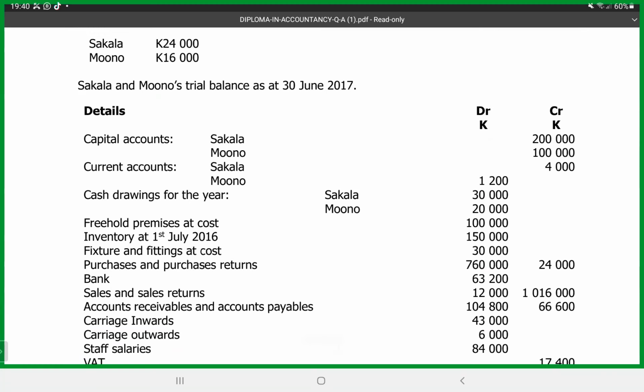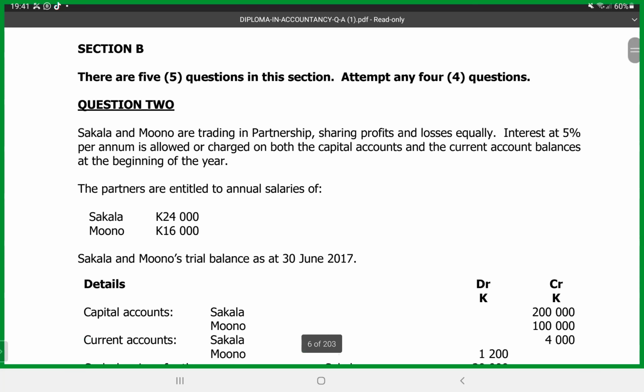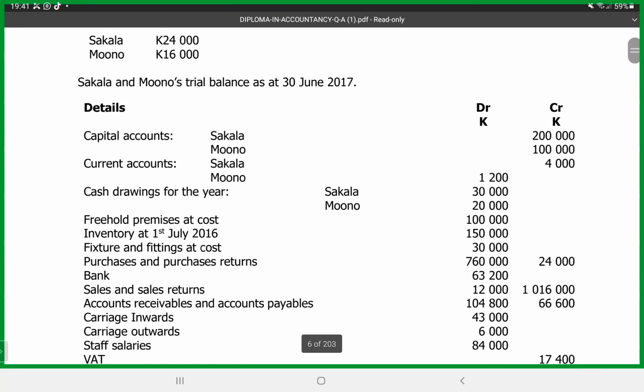Is that 100,000 with 0.05? 0.05 is 5%, the same as the other one.